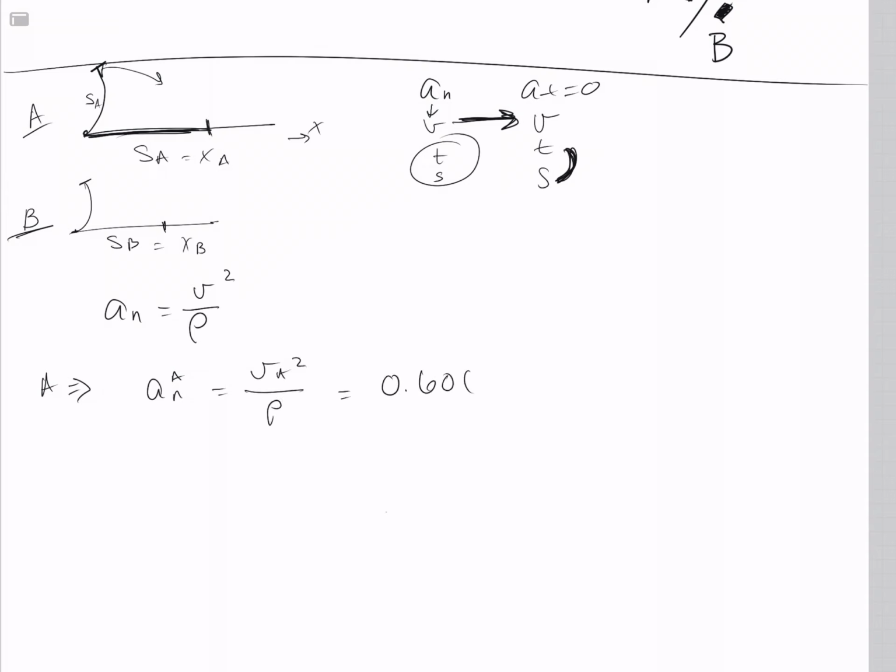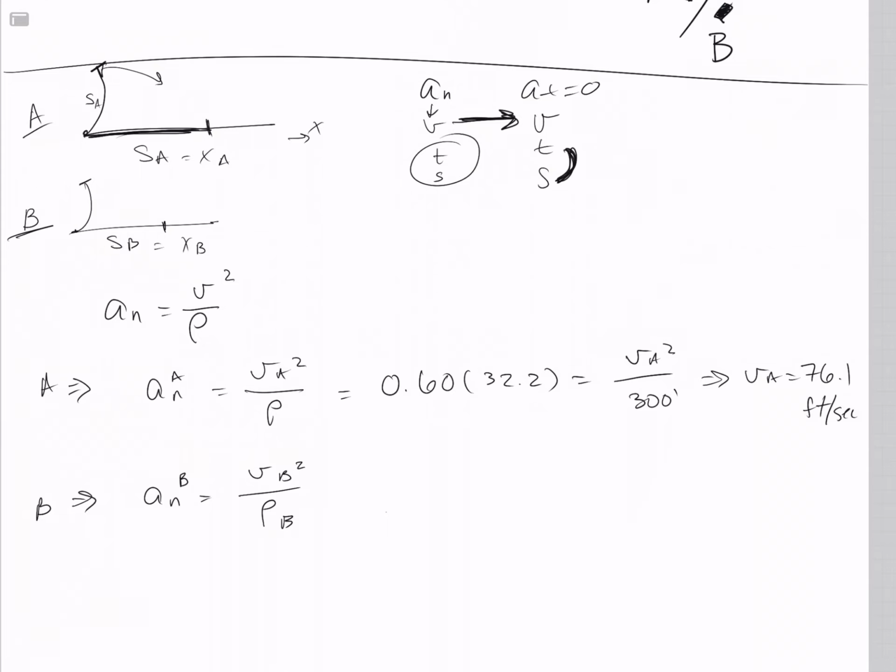So for A, we can say that AN of A equals VA squared over rho. And plugging in the given values, and for G we're going to use 32.2, making sure they're in the right measurement system, we'll get that VA equals 76.1 feet per second.